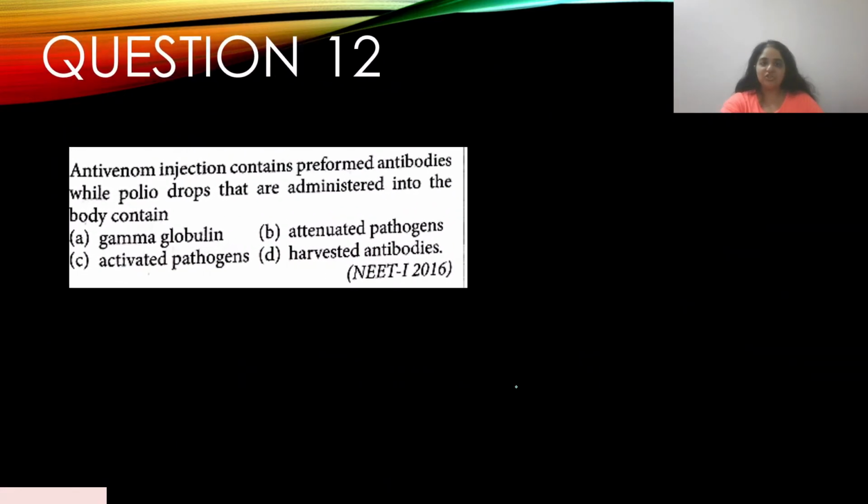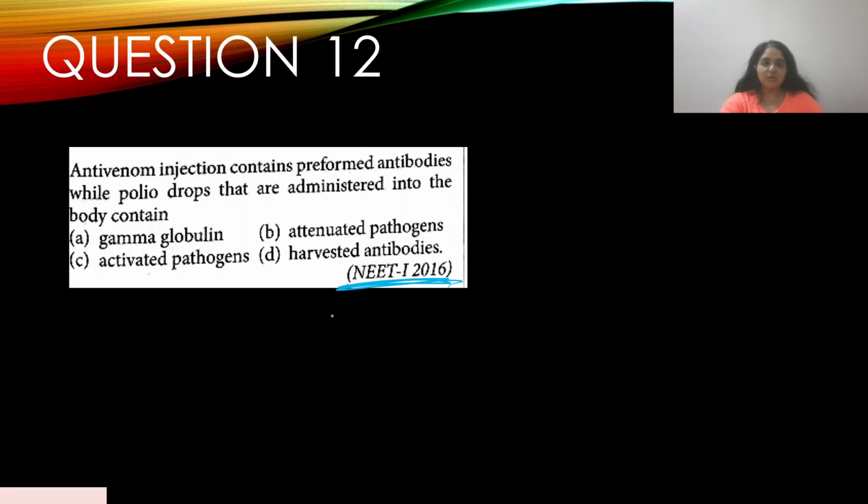Question number 12. Antivenom injection contains preformed antibodies, while polio drops that are administered into the body contain what? This appeared in NEET 2016. A, gamma globulin, B, attenuated pathogens, C, activated pathogens, and D, harvested antibodies.